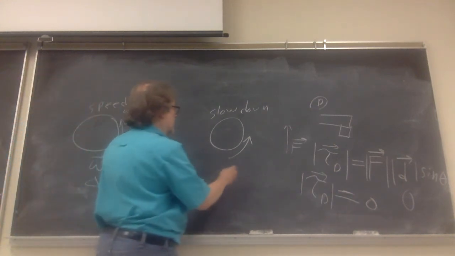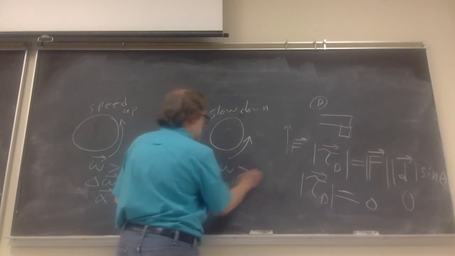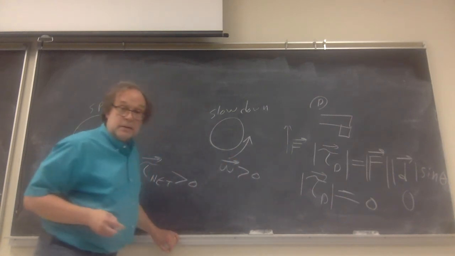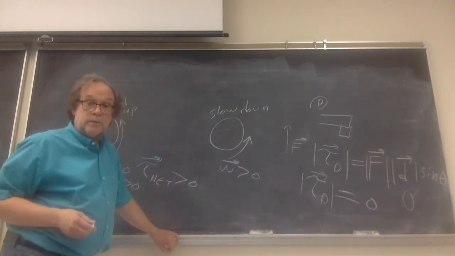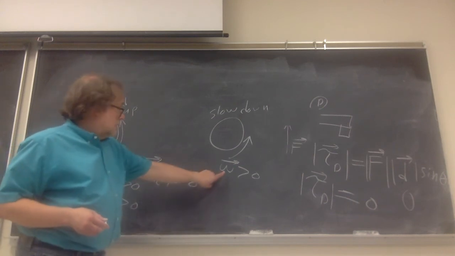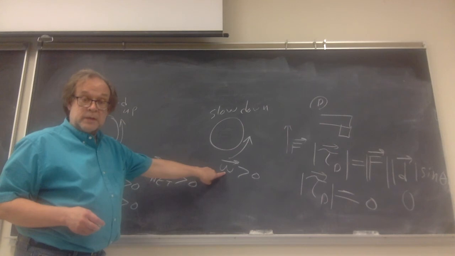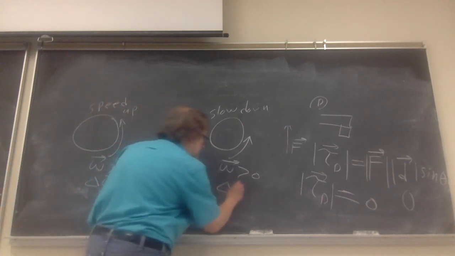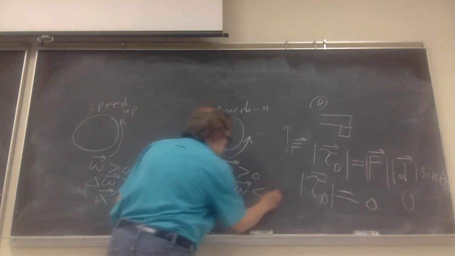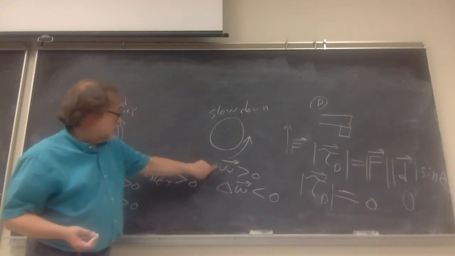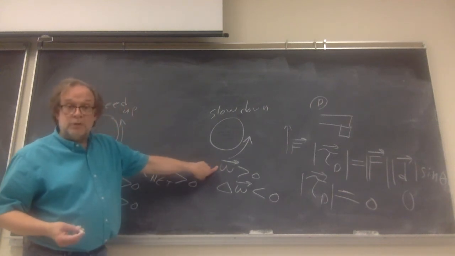Slowing down, on the other hand, it's counterclockwise, so that's still defined as a positive angular velocity, but this positive number is getting smaller and smaller as time goes by because the extra velocity that's added on is negative, subtracting away from however much angular velocity you started with.